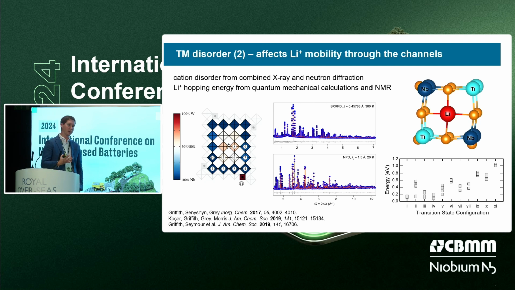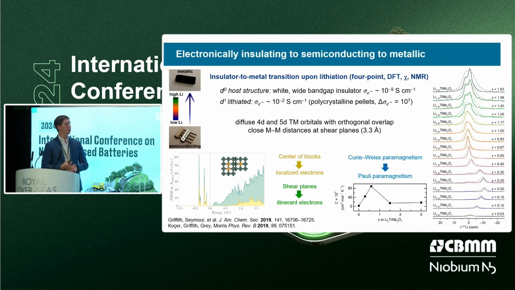So the specific transition metal order gives you a range from the fastest lithium motion you would expect in any battery material to the slowest, something that wouldn't work as a battery if they were all 1 eV. So that's quite significant.